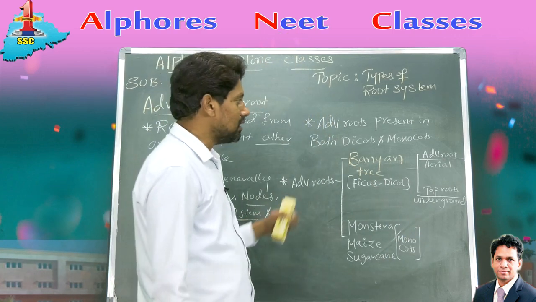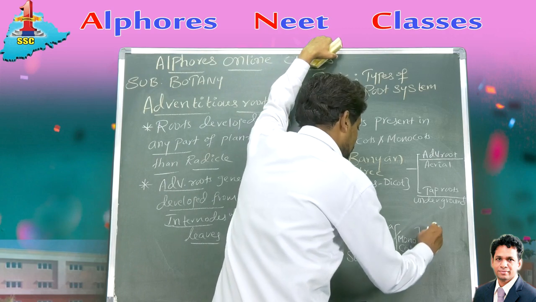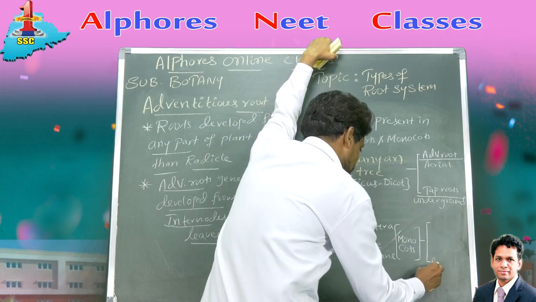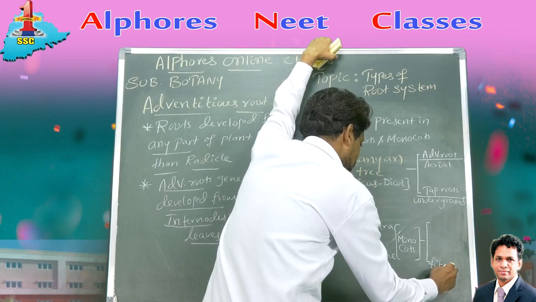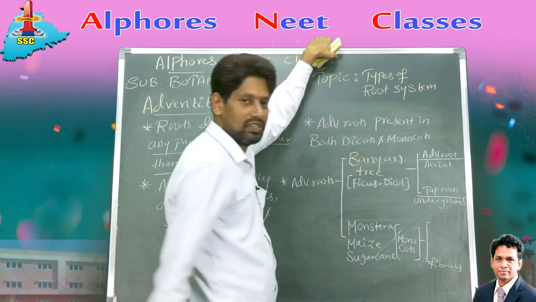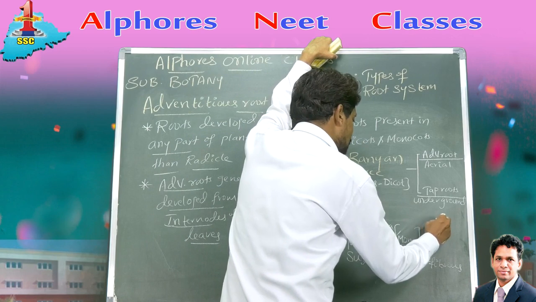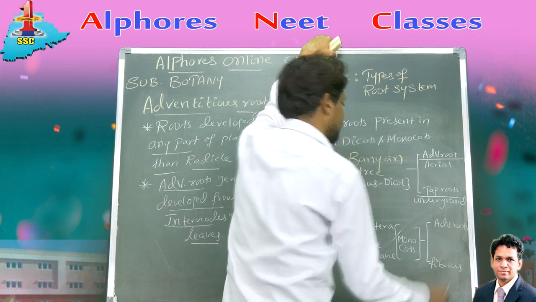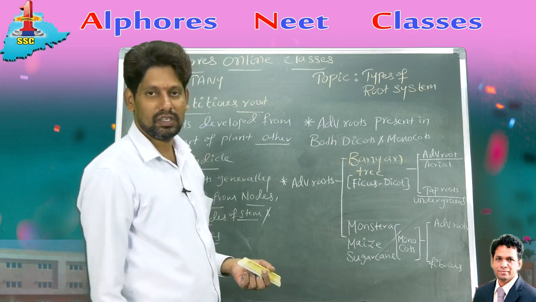In the case of these three plants, monocots means which root system should be present? Fibrous root system, right? Along with fibrous roots, it also contains adventitious roots. Is it okay?